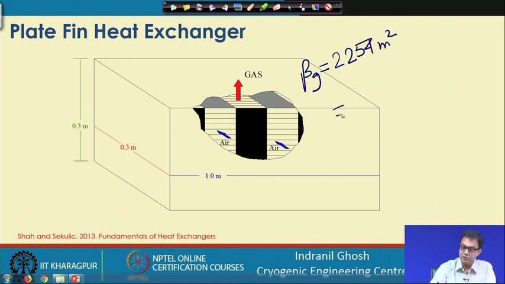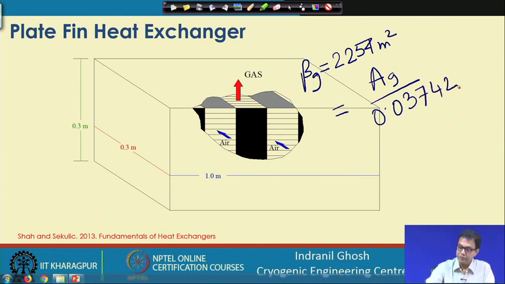That is equal to the heat transfer surface area A, the gas side, divided by the volume between the plates that we have just calculated, which is equal to 0.03742 meter cube.